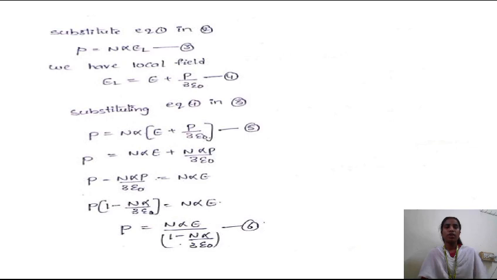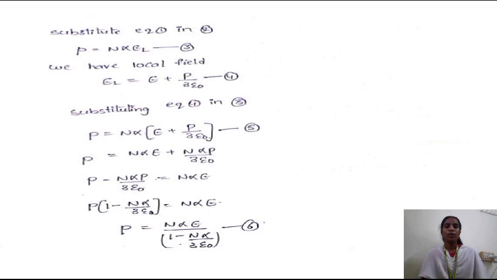Substitute equation 2 in equation 1: P equals N alpha E_L, equation 3. We have the local field E_L equals E plus P by 3 epsilon naught, equation 4. Substituting equation 4 in 3, P equals N alpha into E plus P by 3 epsilon naught, equation 5.